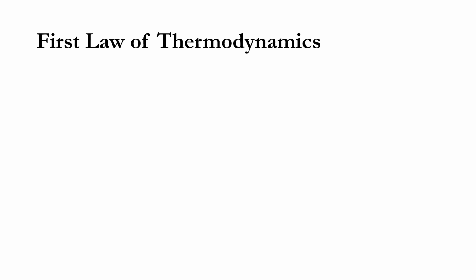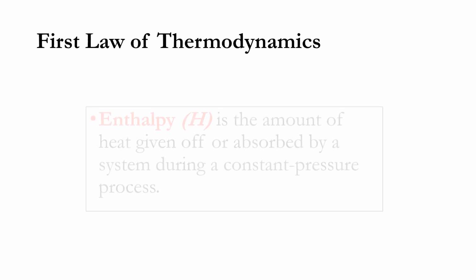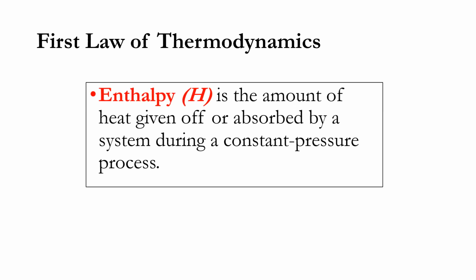On the other hand, the system may absorb energy from the surrounding. So energy is being transferred from the surrounding to the system. And that energy that is lost or absorbed by a system can be denoted by the thermodynamic function called enthalpy, denoted by capital H.